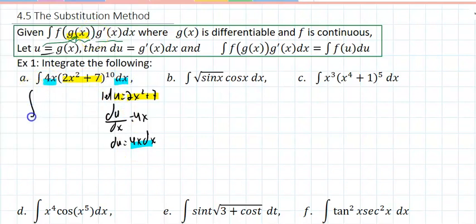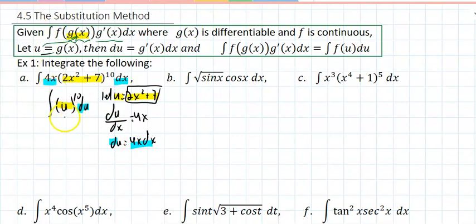So if I rewrite this integral with u being replaced by 2x squared plus 7 to the 10, and the blue will be simply du. And now when I glance at this, I say, wait a minute, I know how to integrate this. This is a power function.